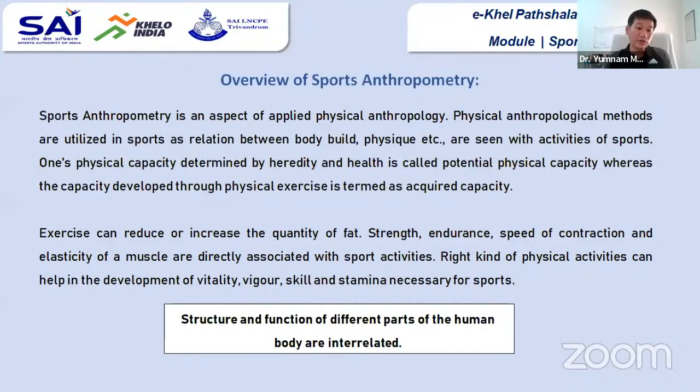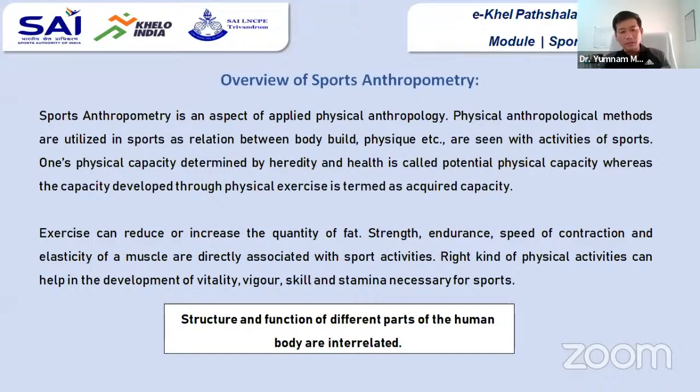Exercise can reduce or increase the quantity of fat. Strength, endurance, speed of contraction, and elasticity of the muscles are directly associated with sports activity. The right kind of physical activity can help in the development of vitality, vigor, skill, and stamina necessary for sport.